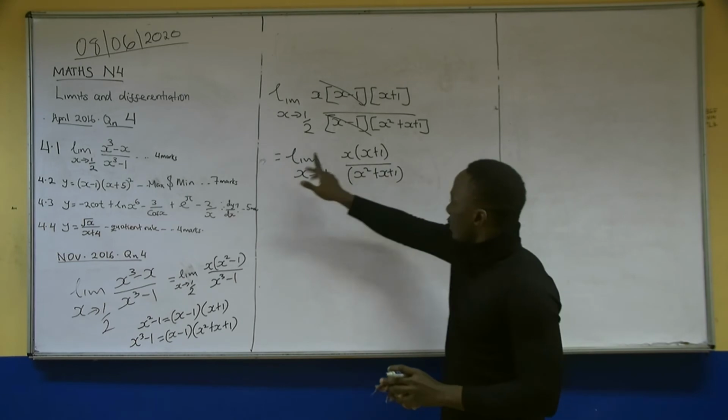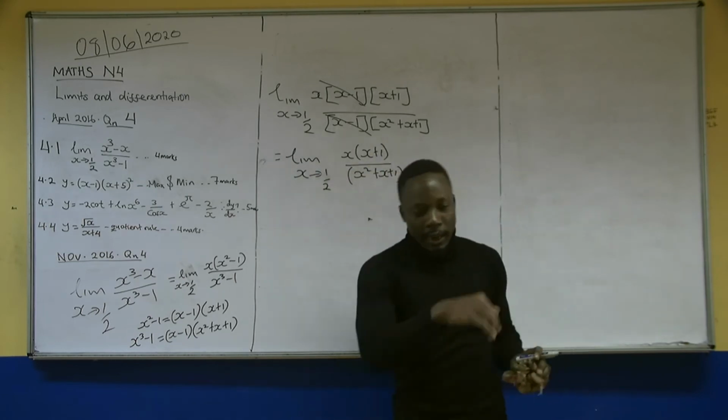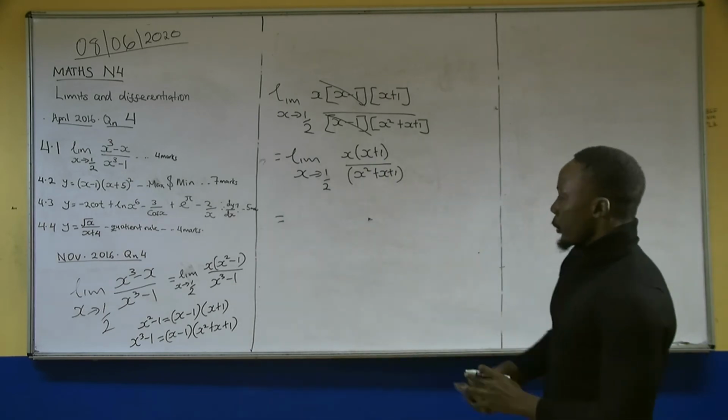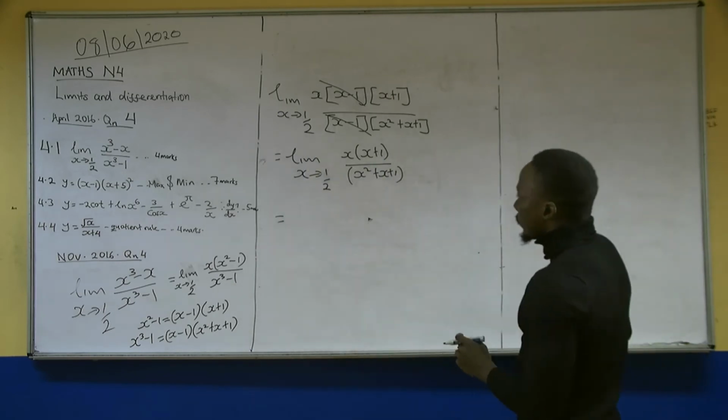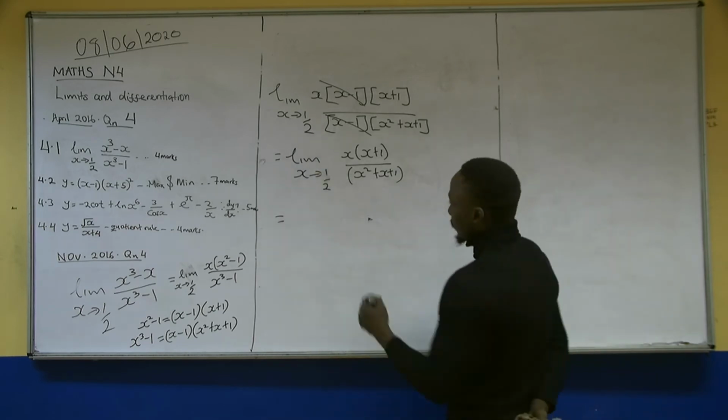What else? Now where there is x, we have to substitute a half. That is the next step. When you substitute a half, we don't write again the word limit as x tends to a half because we have already substituted.